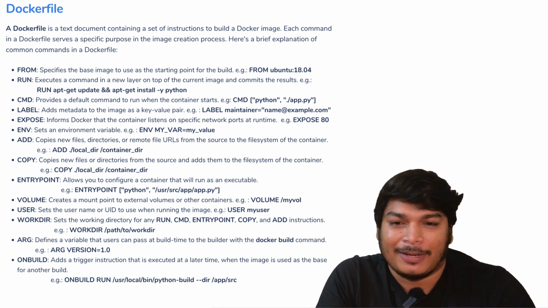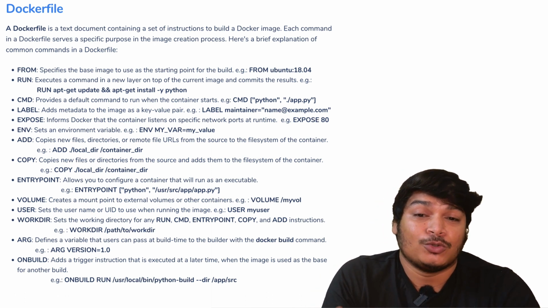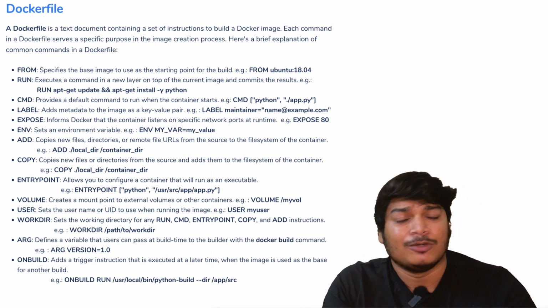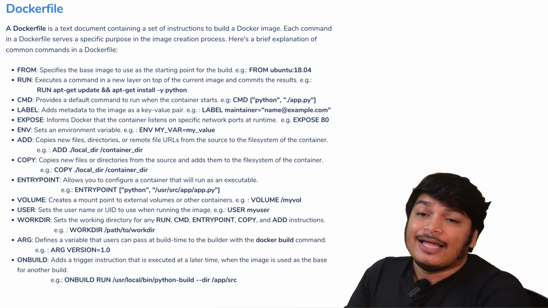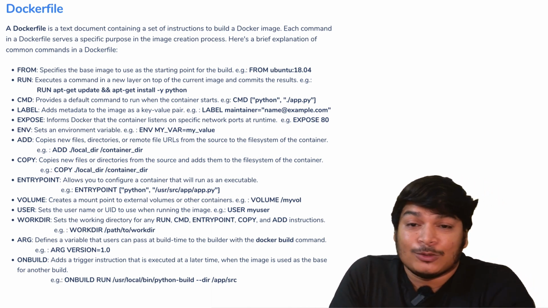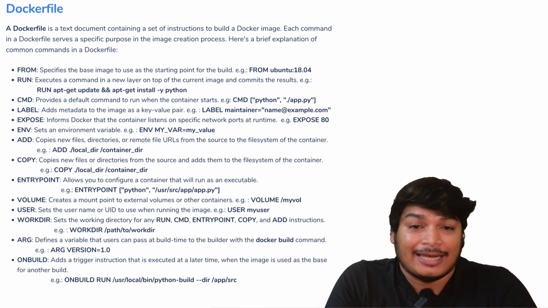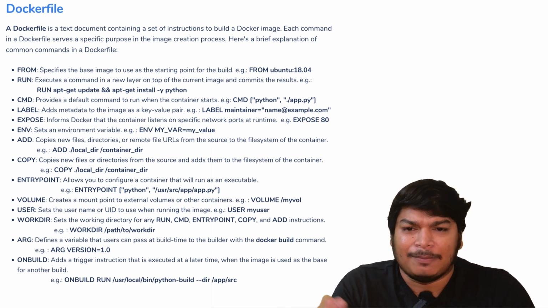First one is the FROM command. This command specifies the base image to use as a starting point. For example, FROM Ubuntu 18.04 or 22.04, whatever it is. Then RUN. This RUN command executes a command in a new layer on top of the current image and commits the result. For example, RUN apt-get update and apt-get install Python.